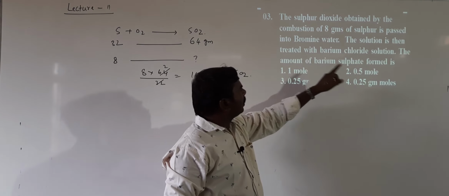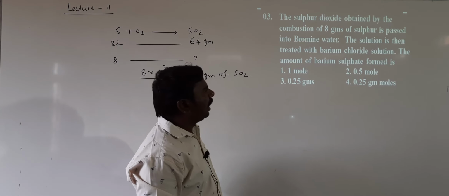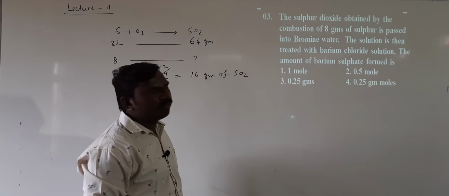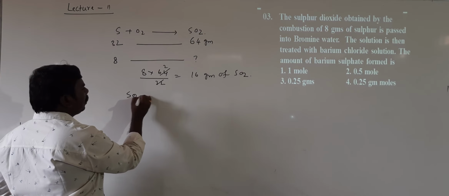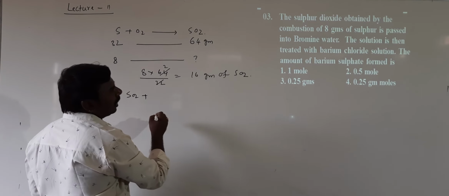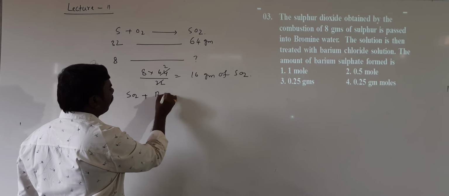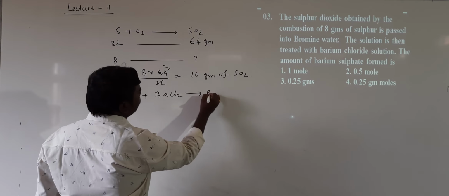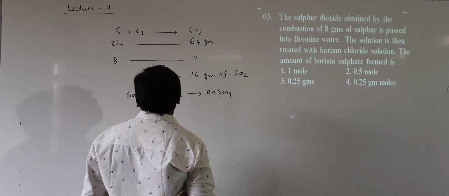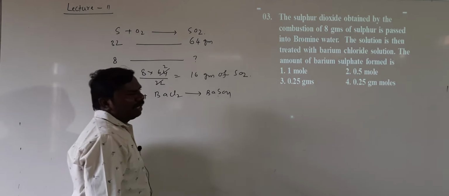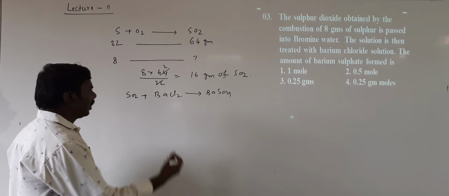The solution is then titrated with a barium chloride solution. The amount of barium sulfate formed is asked. SO2 plus barium chloride then gives rise to barium sulfate. The byproduct HCl will be formed, that's okay.